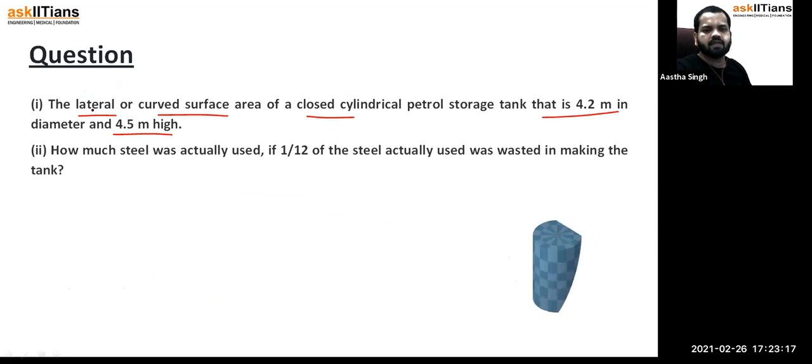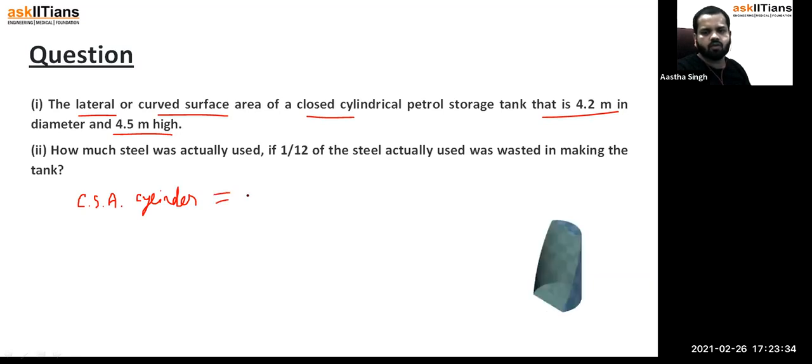Okay, so basically it is asking you to find out the curved surface area of a cylinder. You have given diameter. So the curved surface area of a cylinder is equal to 2 pi r h. So 2 multiplied by pi. What is the value of pi?